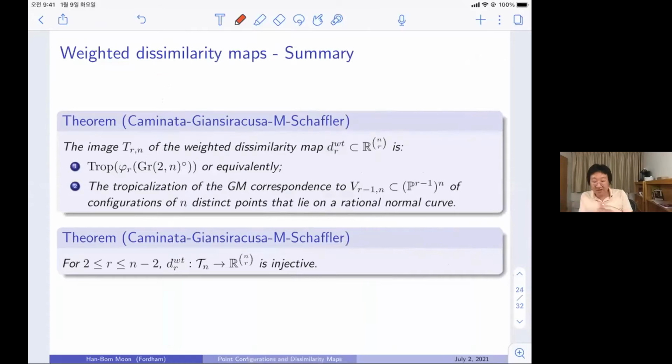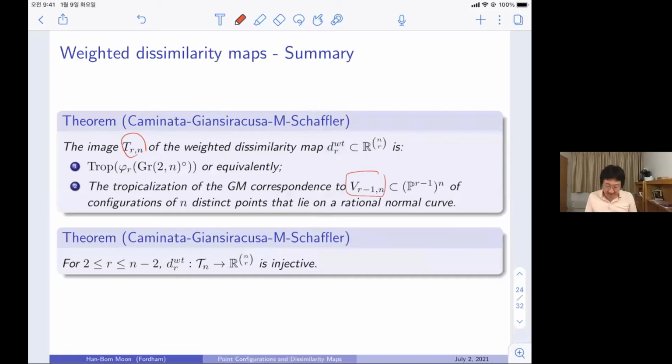So this is the summary. The image T_r^n of the weighted dissimilarity map is, first of all, the tropicalization of the image of Grassmannian G_2^n inside Grassmannian G_r^n, or equivalently, the tropicalization of the Gelfand-MacPherson correspondence to the variety V_{r-1}^n, which is the set of point configurations that lie on a single rational normal curve.